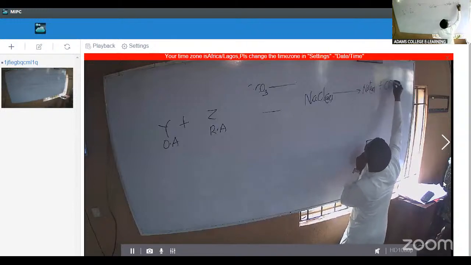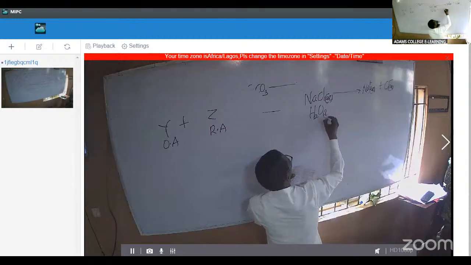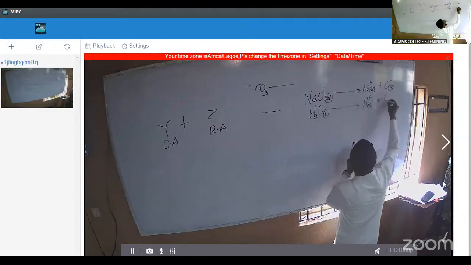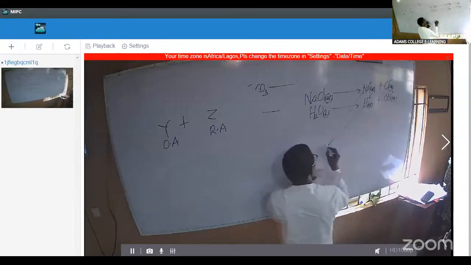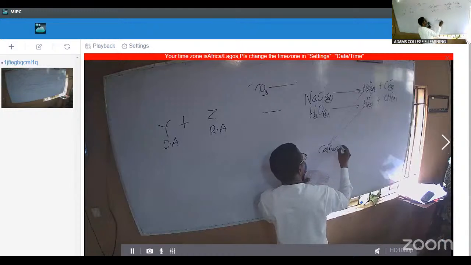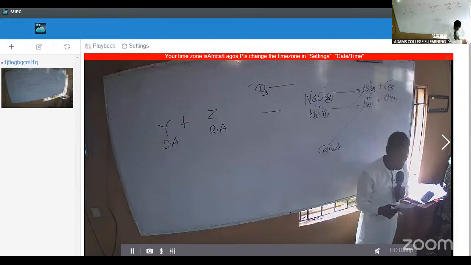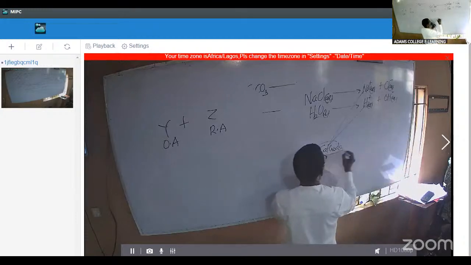Then water will break into hydrogen ion and OH. What type of electrode did they use? Inert.